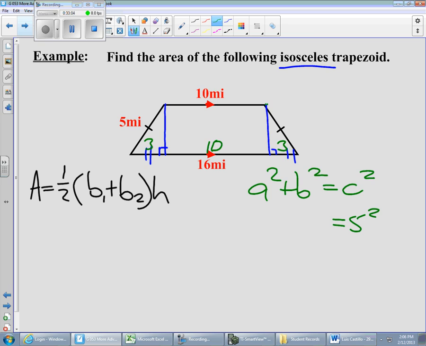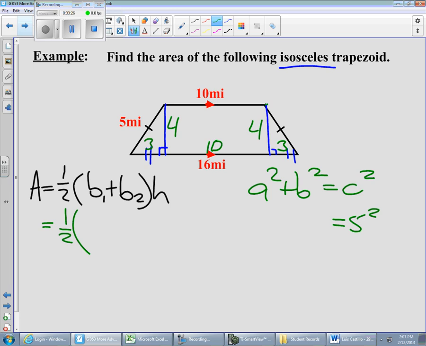Now some people said this a few minutes ago, so I've kind of been over-explaining it. But does anybody know what the height is going to be? It's a 4. That's right, because this is the basic 3, 4, 5 Pythagorean triple. Let's go to the formula and see if we can figure this out. The 1/2 is part of the formula.